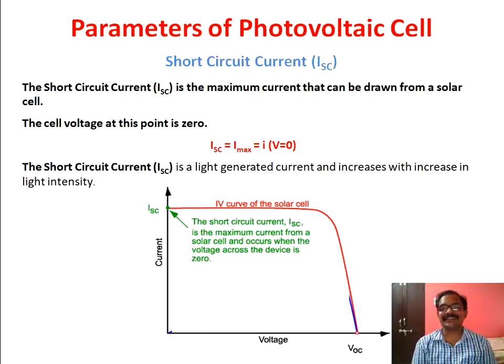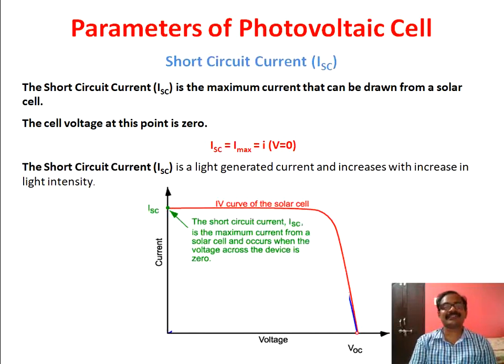So ISC is the short circuit current, which is the maximum current drawn by the solar cell, that is Imax. That is the current I drawn by the solar cell when voltage across the solar cell is 0. Therefore ISC is equal to Imax, the maximum current, when the voltage across the solar cell is 0.